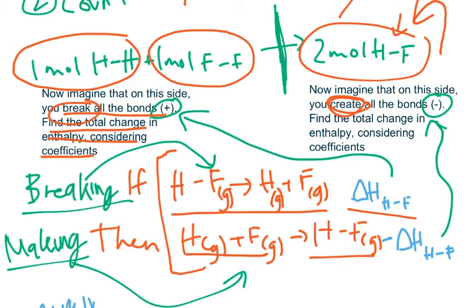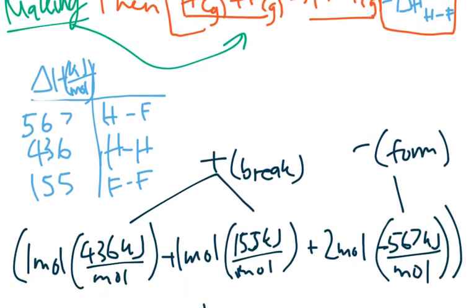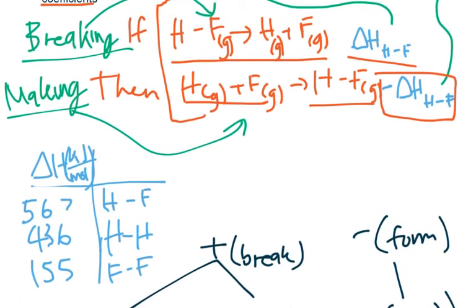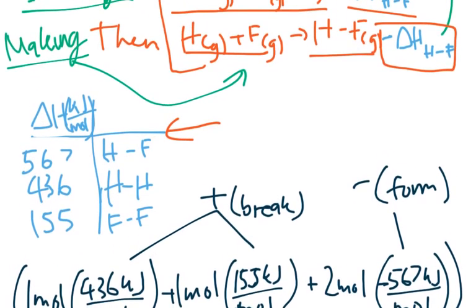Notice how when you flip a reaction, the delta H is negated, so therefore we have to use the negative version of the bond enthalpies on the product side. So now that we know this, let's actually look at how this is exactly done. Over here, I have the bond enthalpies for each bond, and they're all in kilojoules per mole.